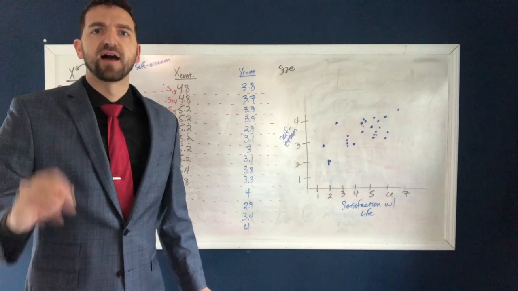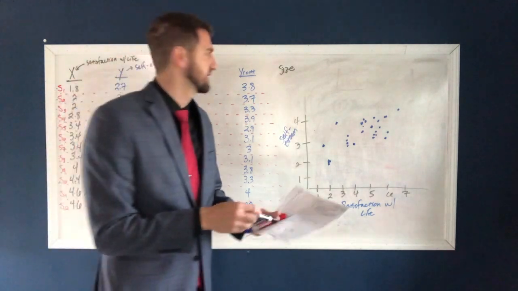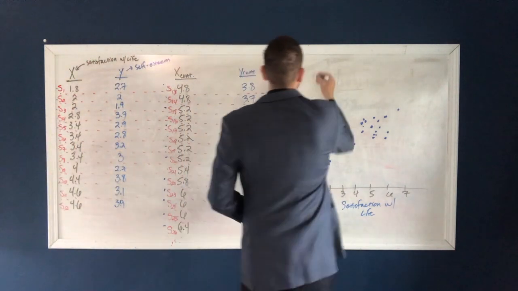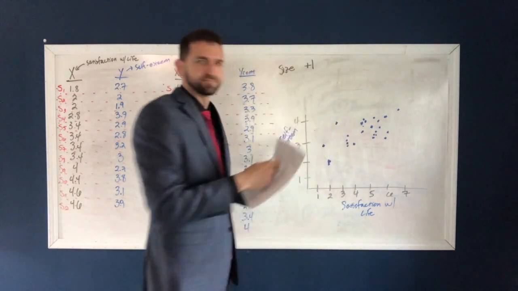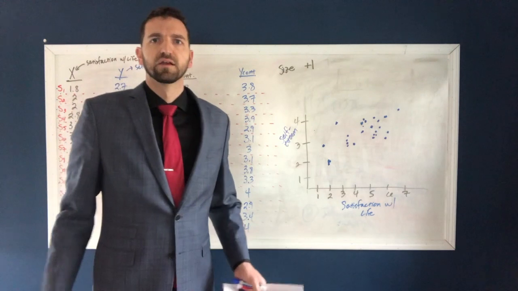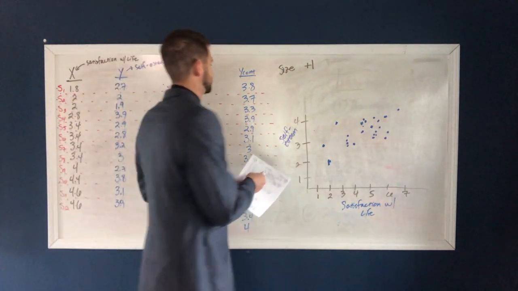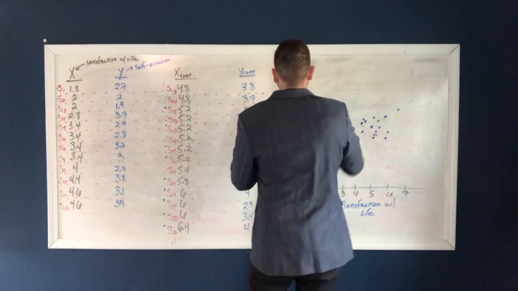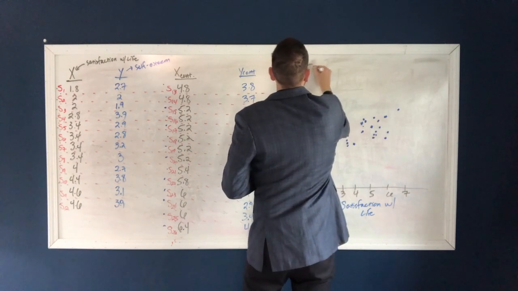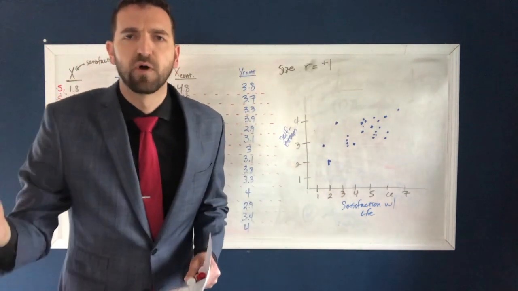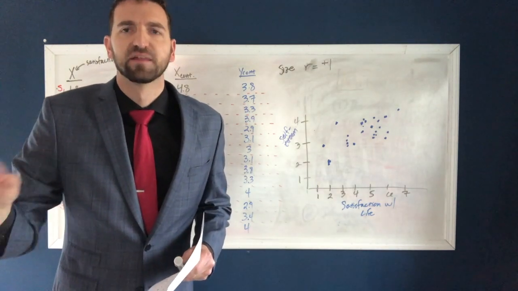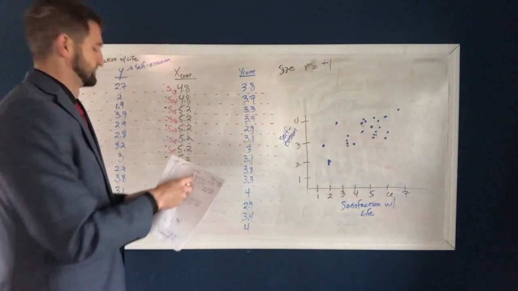The highest possible positive correlation is going to be +1. R equals +1, or usually just R equals 1. The plus is implied.